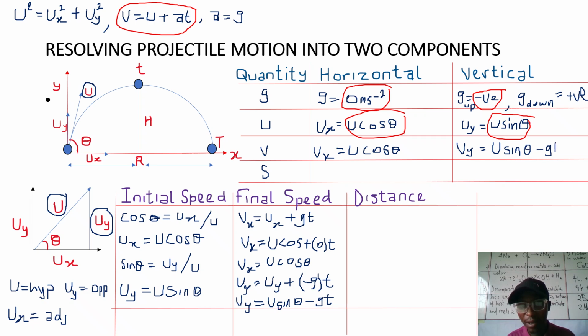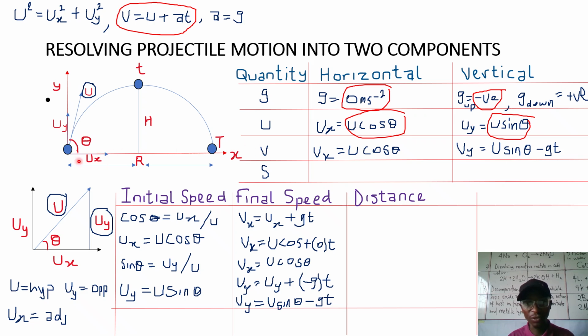So far we've been able to determine what is happening to this ball as it's going up in terms of its gravity, which is 0 along the horizontal, negative as it's going up, positive as it's falling. We have also derived the expression for our initial speed along the vertical axis, our Uy, which equals U sine theta.